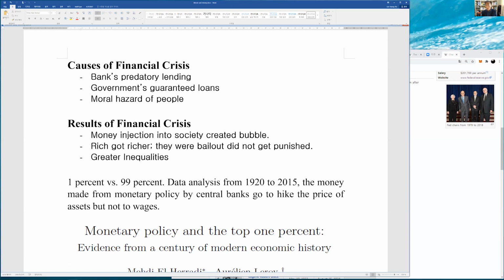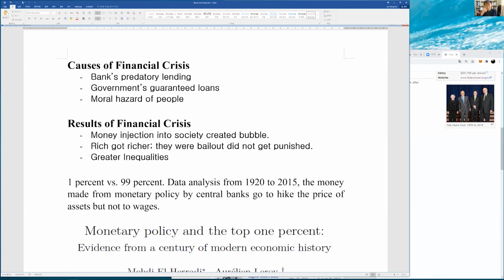Why? Because it is a too big to fail problem. Basically, if the government let them fail, it makes a ripple effect of defaults, chain default. Then the whole economy might collapse.